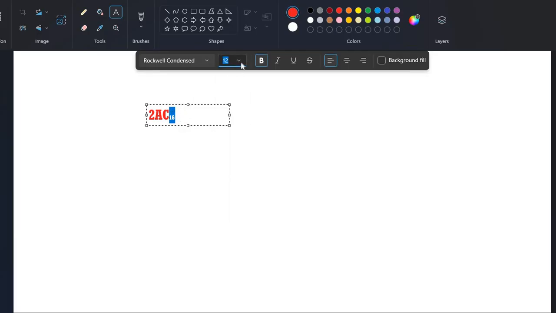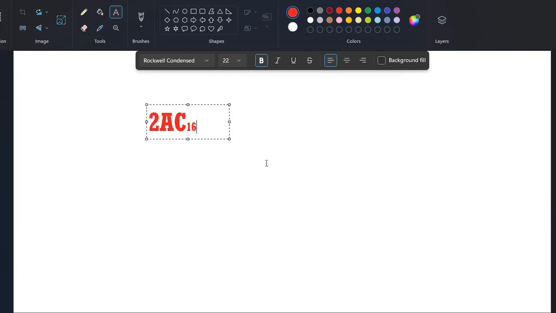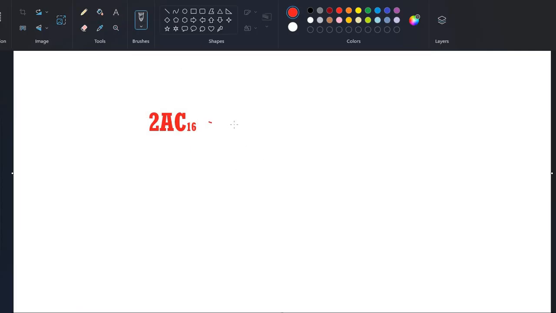Okay, let's make this bigger. 2AC to the base 16. We need to convert this into its binary equivalent.